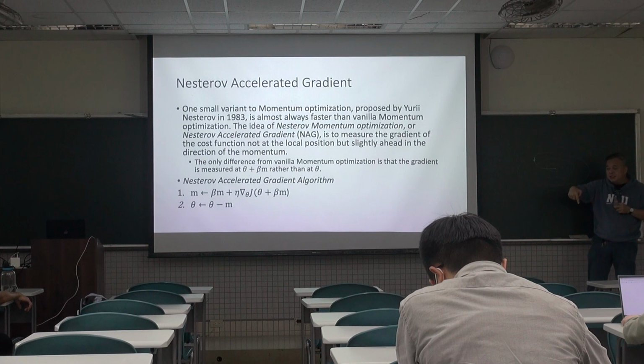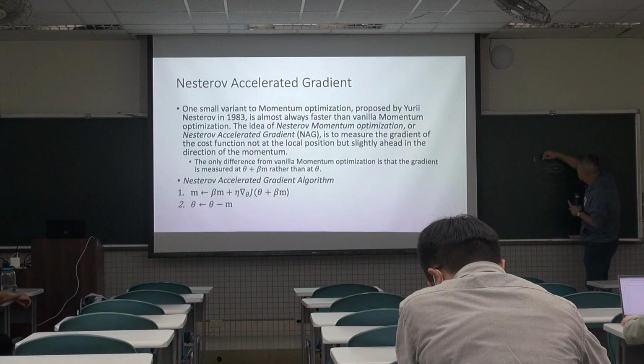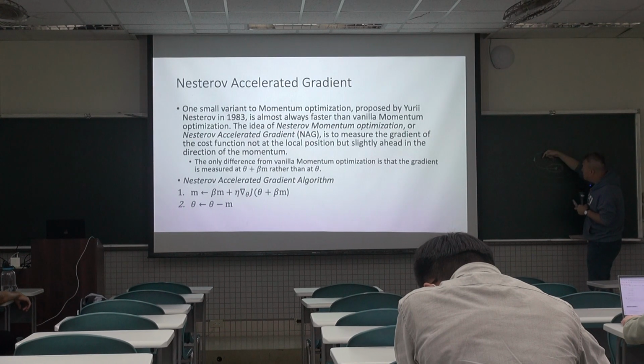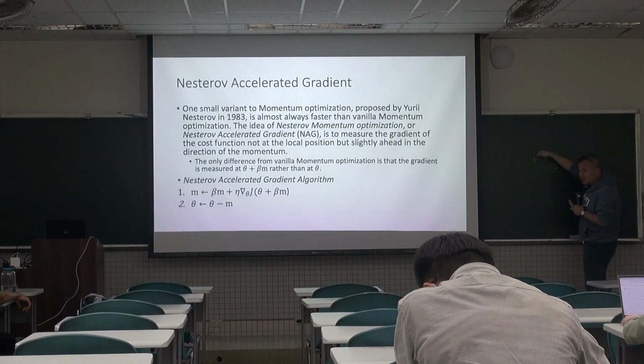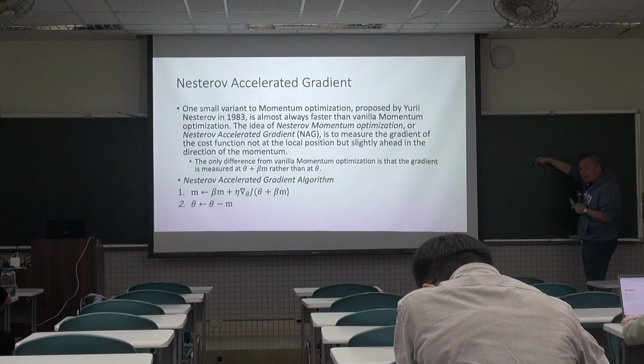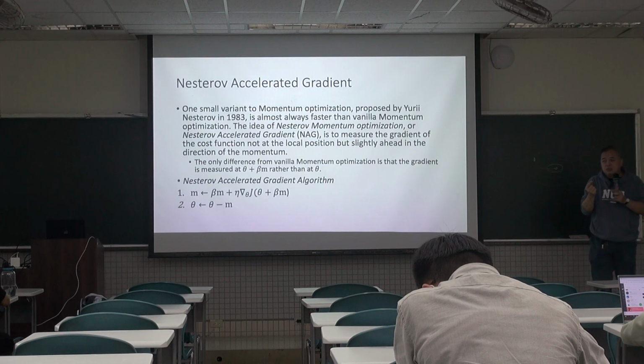But think about this: where is the lowest location? It's here, so the correct direction should be here. But the initial direction is not this direction; it's going more downward.